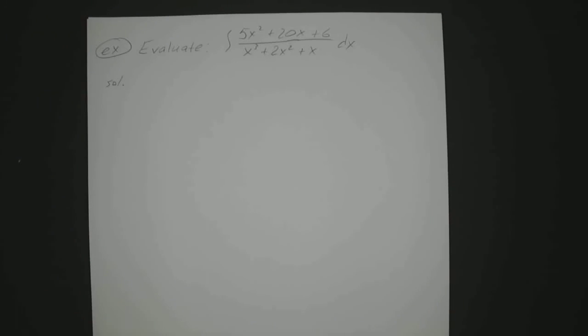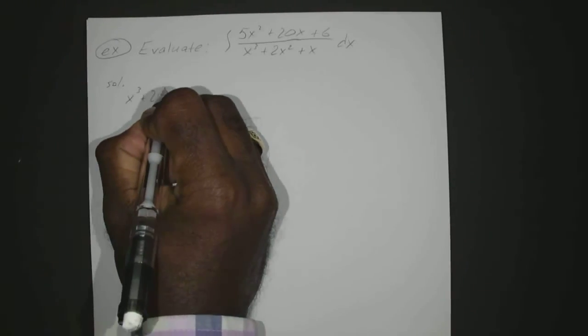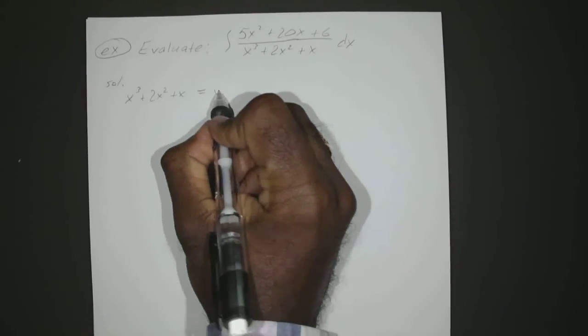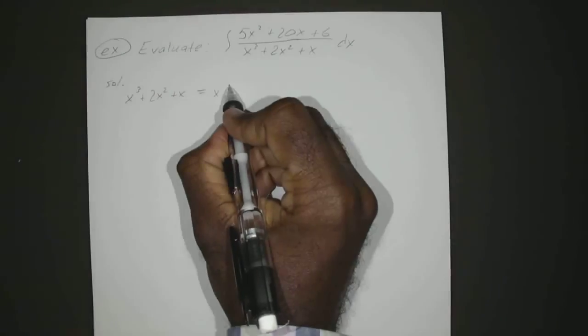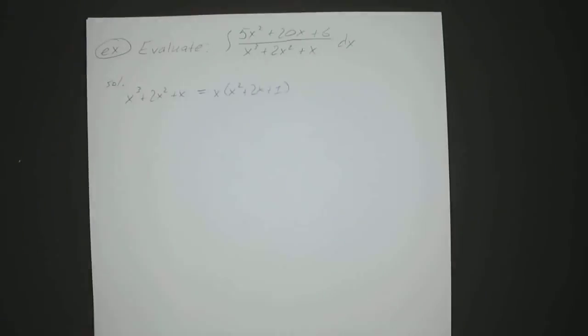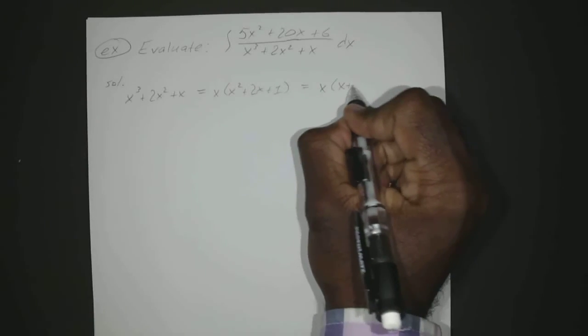Okay, so the first thing you want to look at is your denominator. You want to see if you can factor it out. So you know x to the third plus 2x squared plus x. You can actually start off by factoring out the x, which gives you x squared plus 2x plus 1, where you now have x times x plus 1 squared.